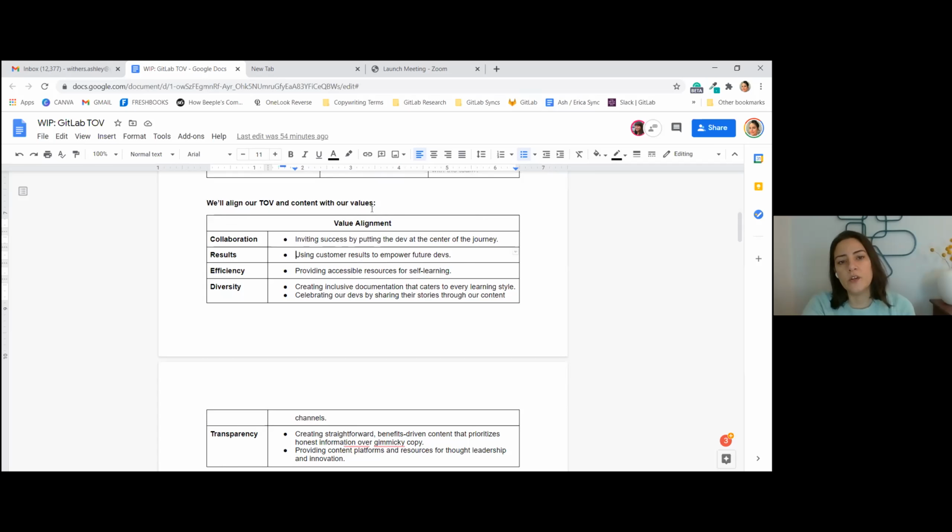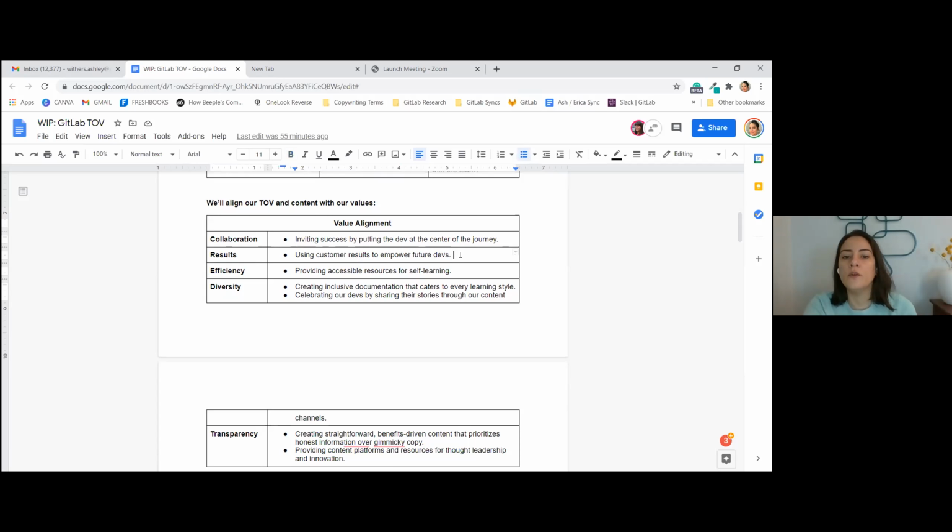So looking at the CREDIT values for GitLab, this is basically how we're going to bring the tone of voice and align it with these different values. For collaboration, we're inviting success by putting the dev at the center of the journey. And this is part of what you provided in your background and notes, Erica.